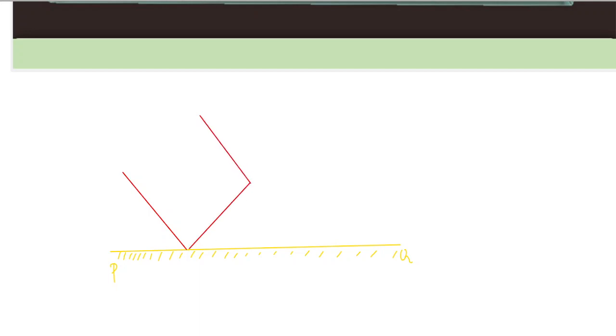Let's call this the incident wavefront, which is A. This is point B. This is point A dash. This is point B dash. And this would reflect and go like this.